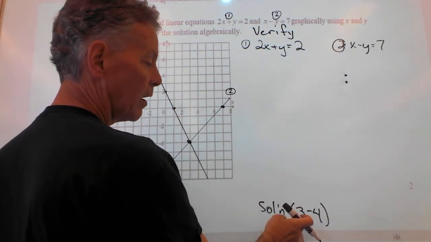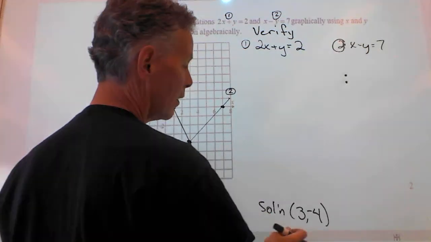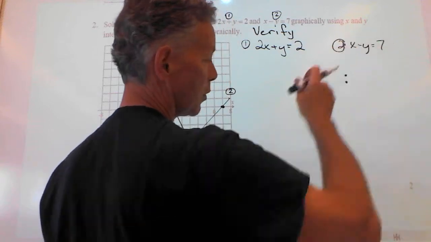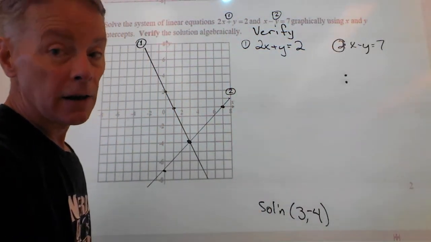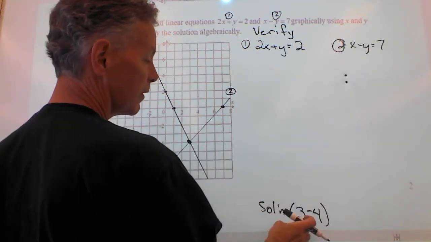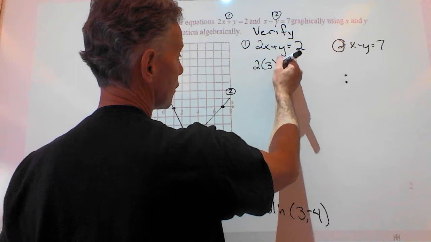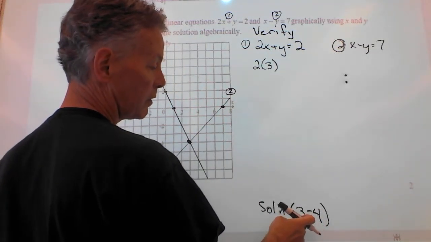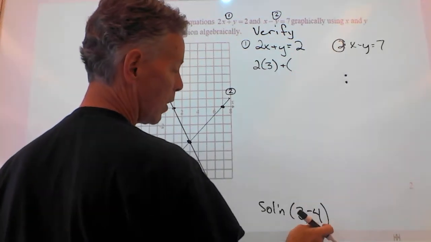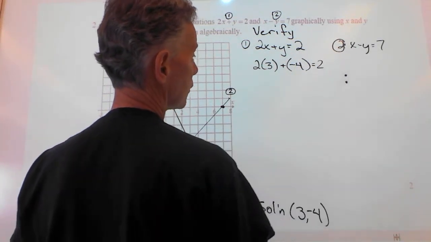So we're going to take our x value and sub it in for x in both cases. We're going to take our y value and sub it in for y in both cases. And then look what happens. So we'll do it for equation 1 first. This becomes 2 times 3, because we're saying our solution has an x value of 3, plus our y value, -4, equals 2.